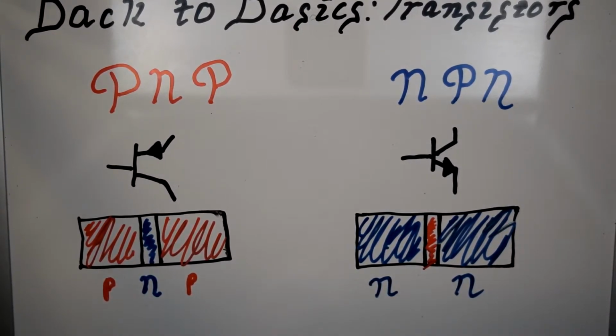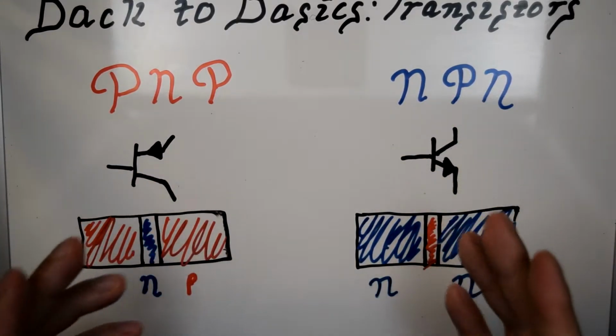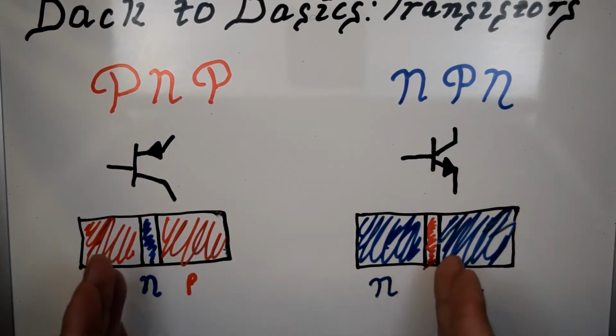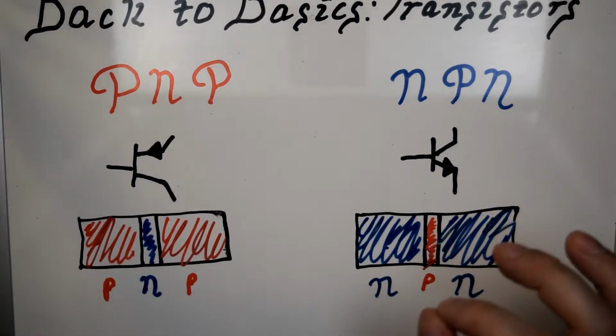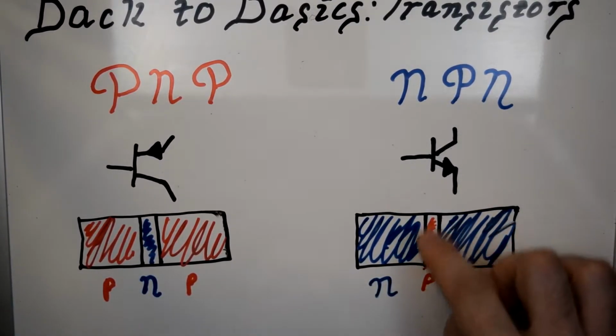And these basically are two diodes sandwiched back to back. Now you can't actually take two diodes and twist the ends together and make a transistor. The base, which is this center piece here, I forgot to write, oops, P, there we go. The base material is only several microns thick, a very, very tiny piece of material.